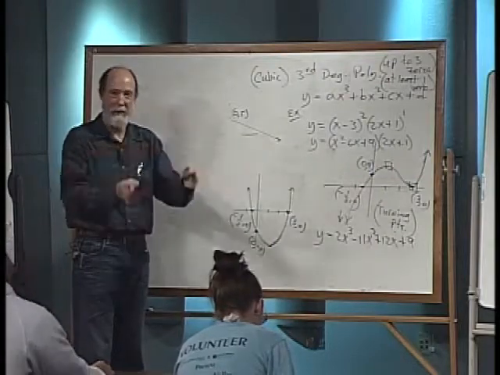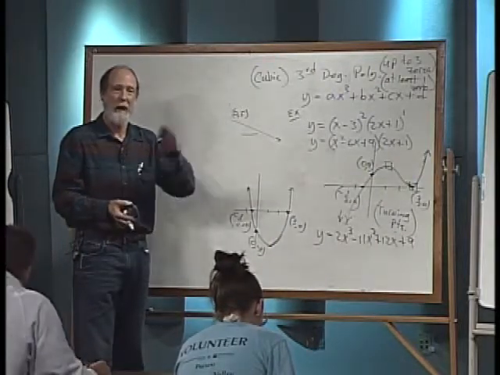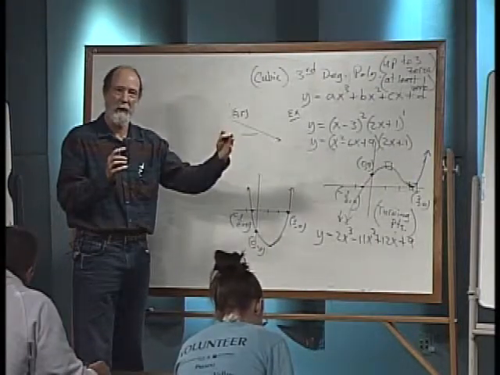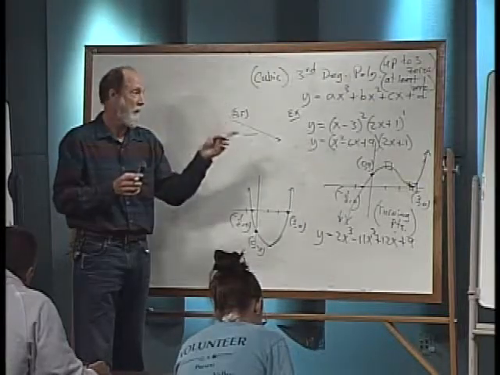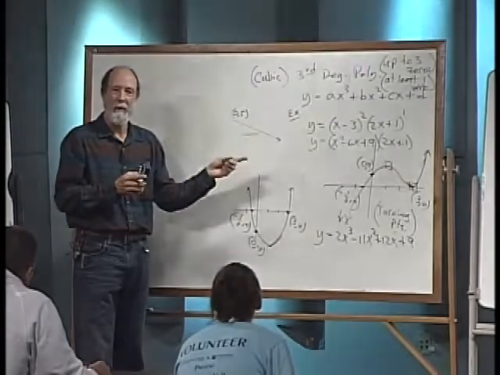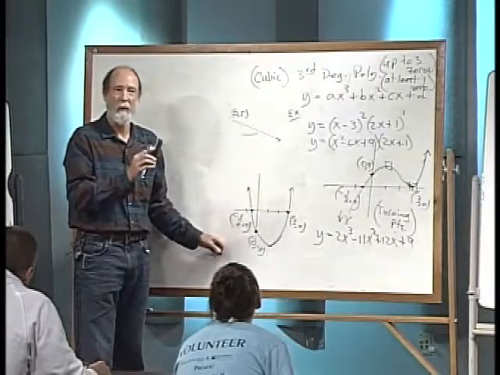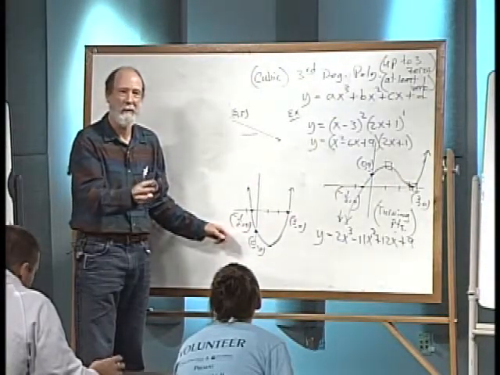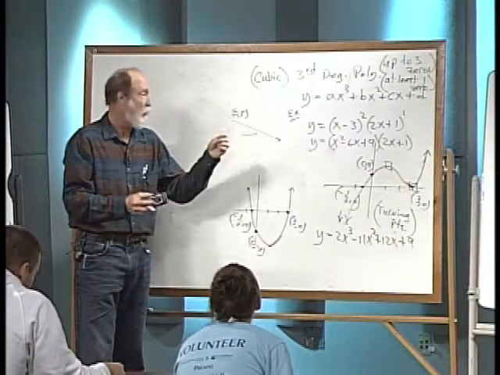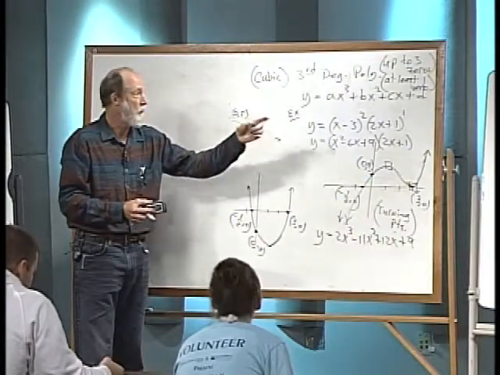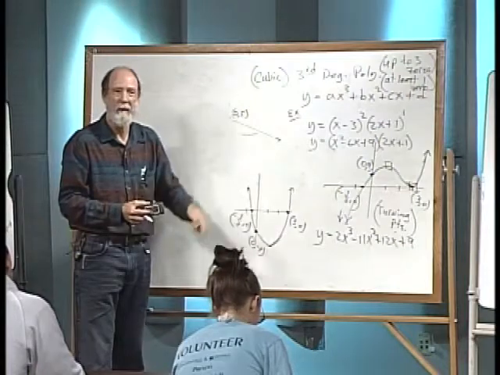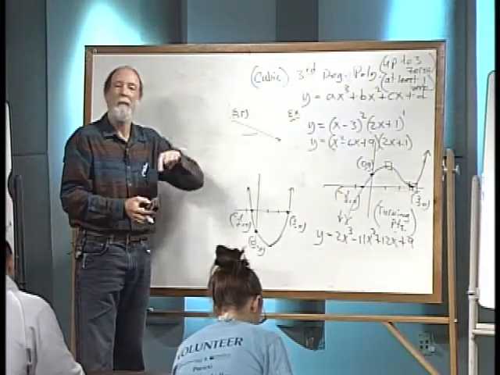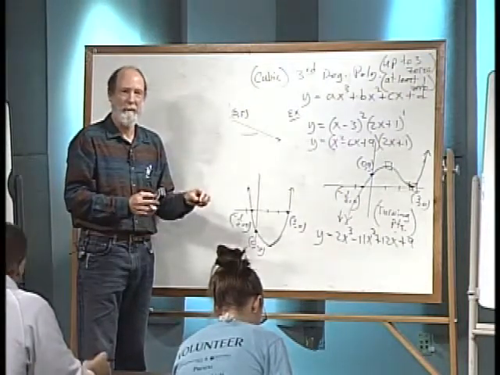You input the data into two lists, you generate your scatter diagram with the appropriate viewing window, and then if it looks like it's behaving like these things, you can select the correct regression to do. You can do cubic regression, you could do quadratic, you could do quartic, 4th degree. And it'll fairly closely fit your data set.